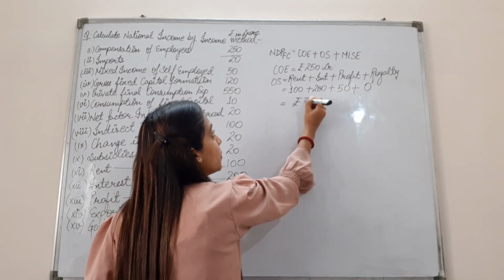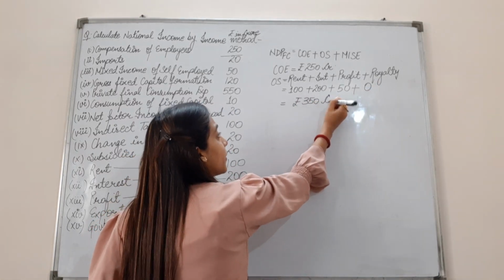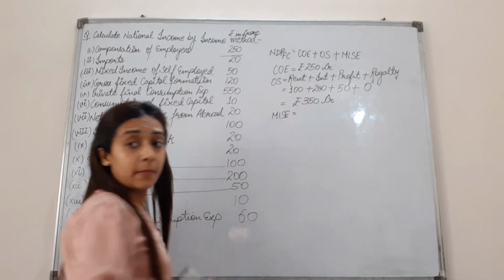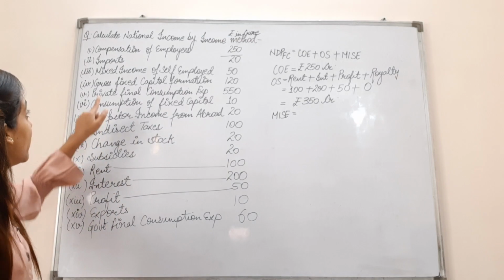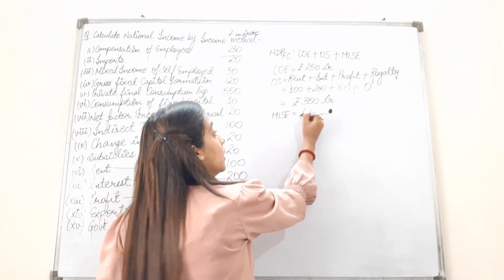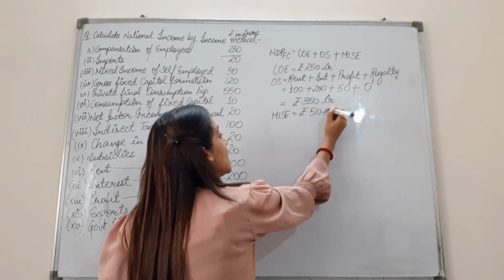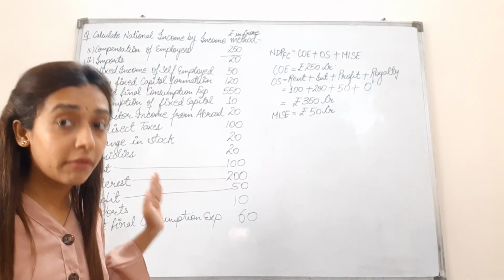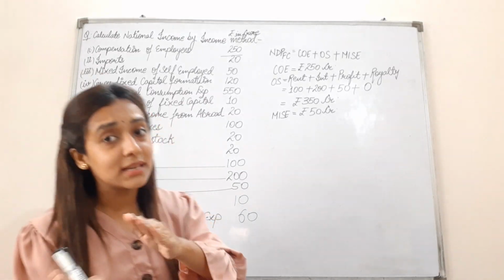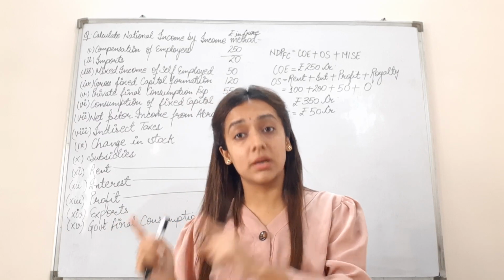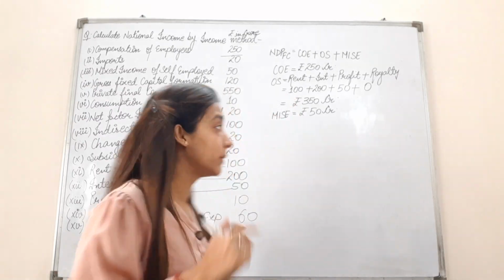So it will be rupees 350 crore. Now we will see MISE. Whether MISE is given in the question? Yes, mixed income of self-employed, rupees 50 crore. Rest of the particulars which are given in the question will be used in the next method, that is expenditure method.